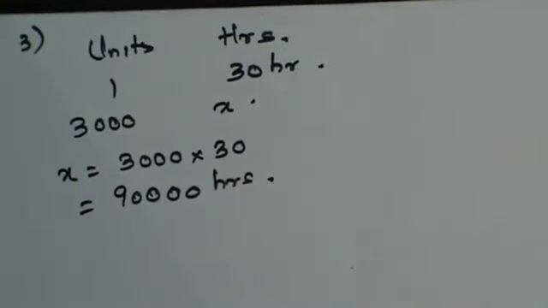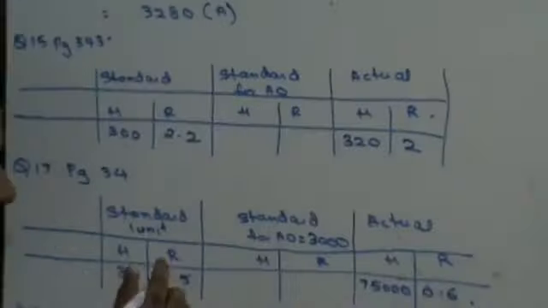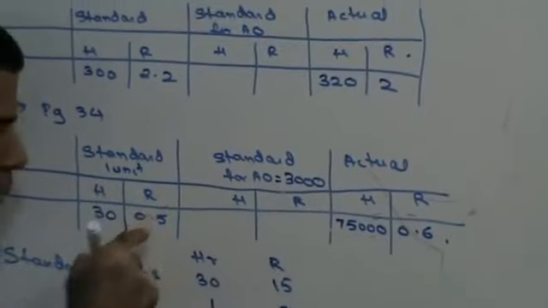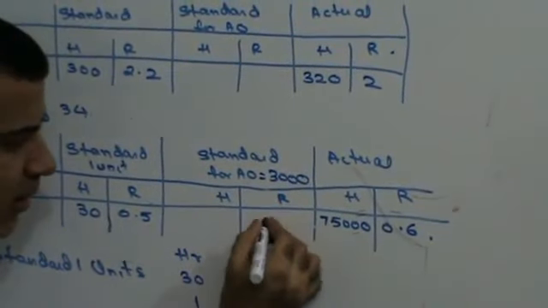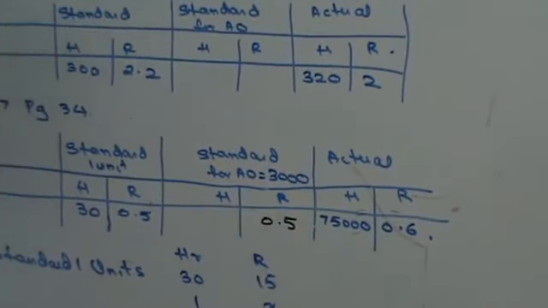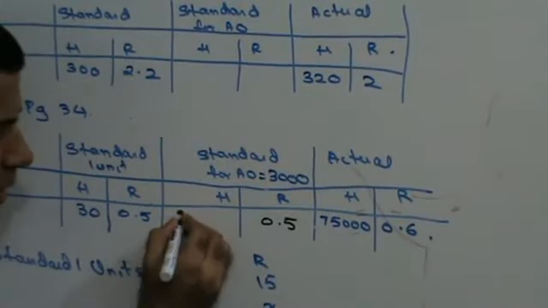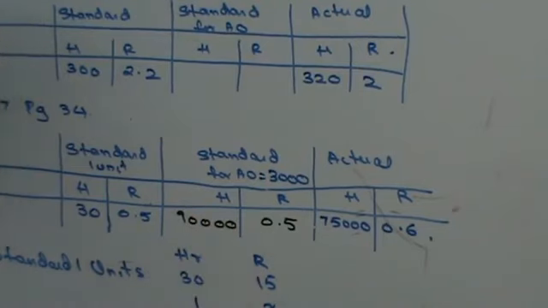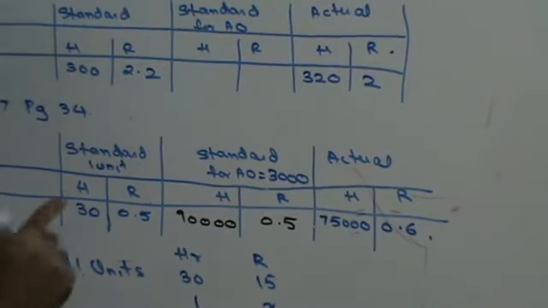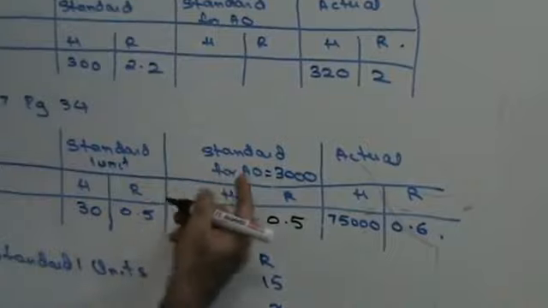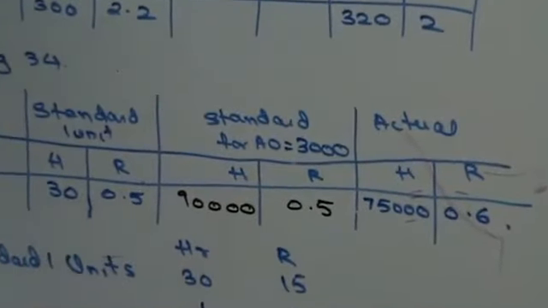Now can we please look at the table once again? When they give you the actual output, you have to copy the rate here as it is. For 1 unit 30 hours, so for 3000 units it will be 90,000 hours.